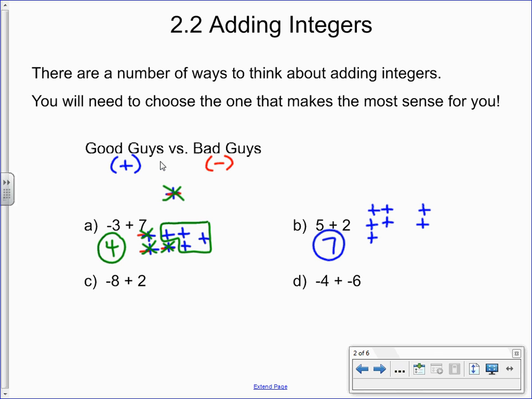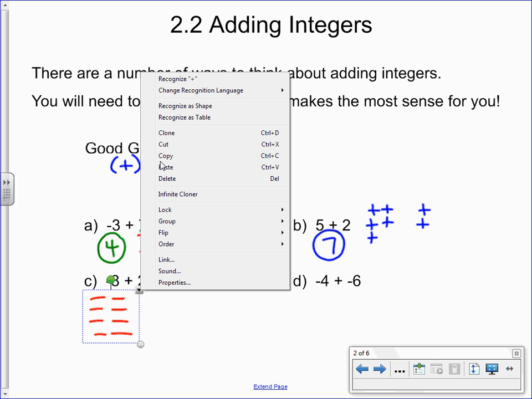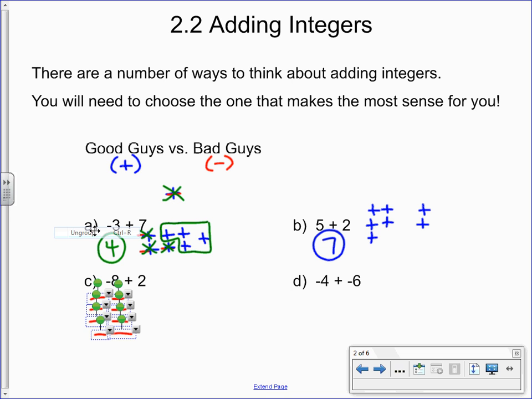Now we're going to look at example C. Example C says negative 8 plus 2. That means we have 8 bad guys. These 8 bad guys are going against 2 good guys, positive 2.